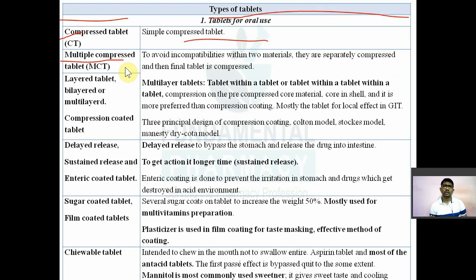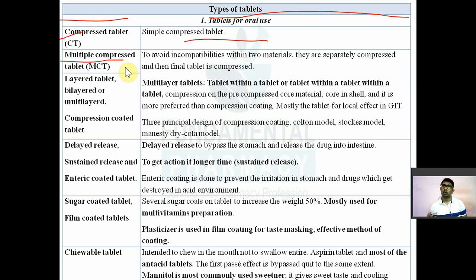Now why do you have to do this? To prevent incompatibilities when two materials are present in the tablet. जैसे मान लीजिए कि आपके दो ड्रग हैं और both these two drugs are incompatible with each other. अगर वो एक साथ मिक्स किए तो उनका डिग्रेडेशन हो जाएगा, रिएक्शन हो जाएगा, या फिर उनका लिक्विफिकेशन हो जाएगा. So in that condition what do you have to do?